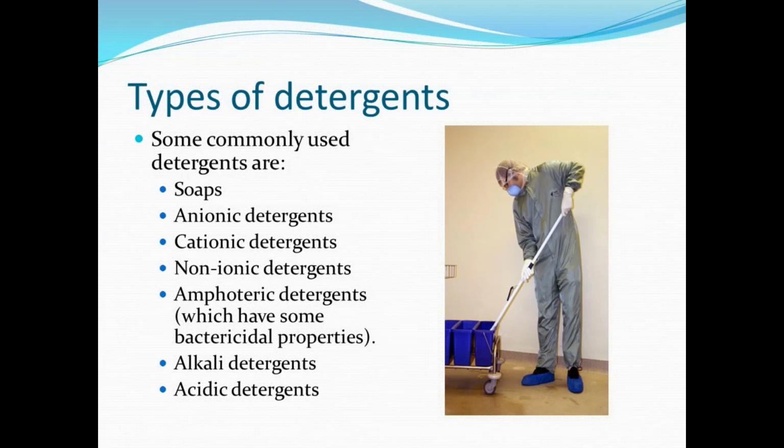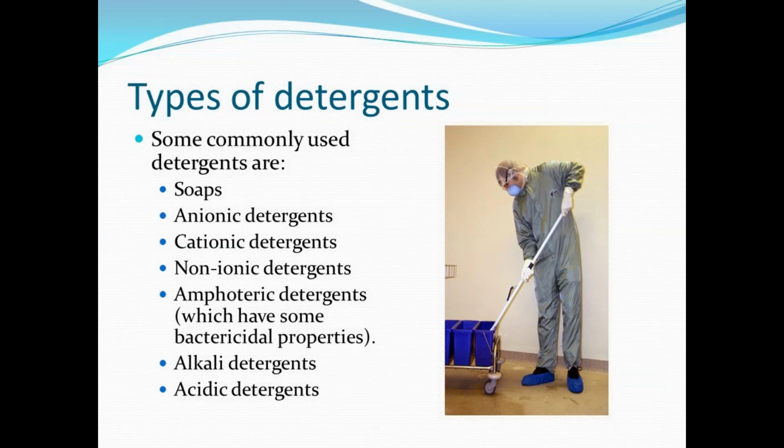Okay, now there's a range of different detergents out there, and the slide displays a list of some of those that are available. So we have soaps, anionic detergents, cationic, non-ionic, amphoterics, alkalines, acids, and so on. And some of these ones that are either slightly acidic or slightly alkali will be useful in different cleaning cycles with different equipment.